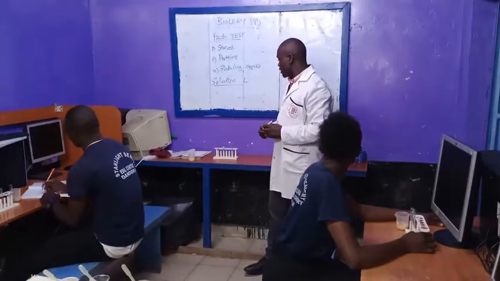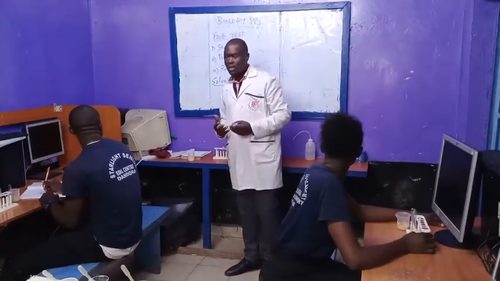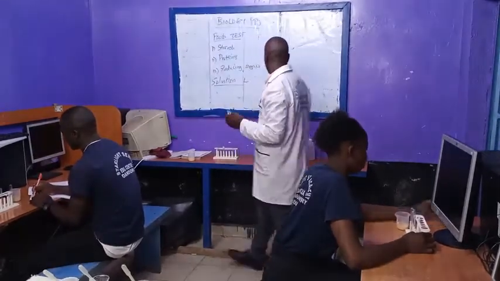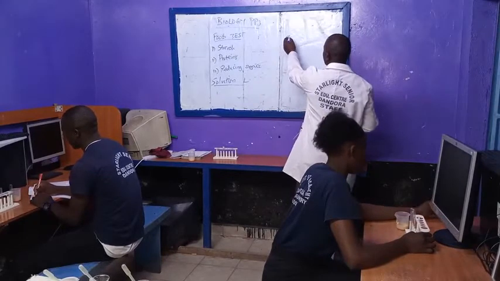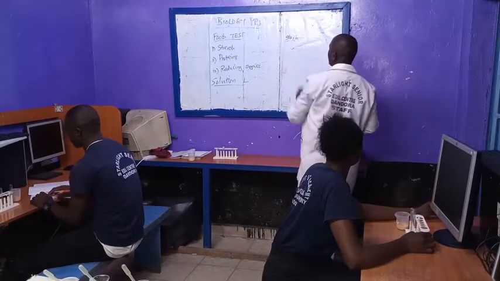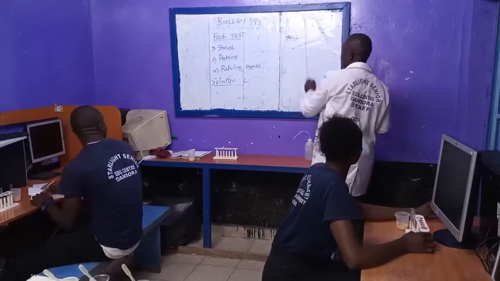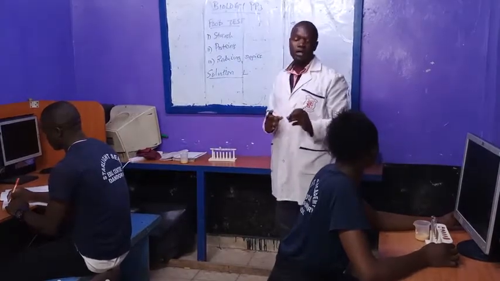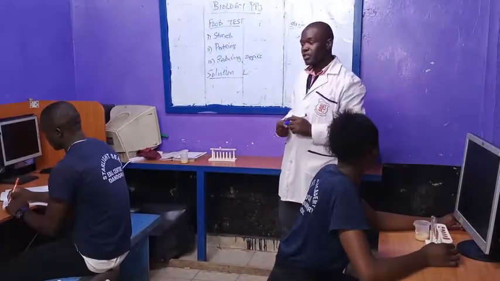So first of all, we need to know the procedure for testing these food substances. For example, when you're dealing with the test for starch, then we consider the procedure for testing starch. As a student, it is very important that you have a correct procedure, because a wrong procedure will give you a wrong result.